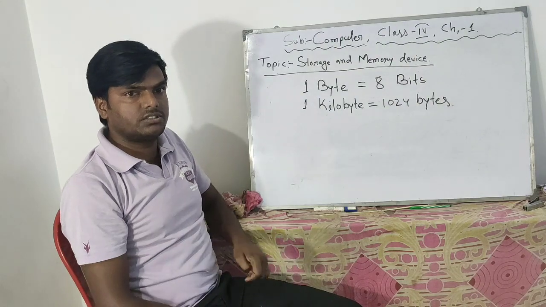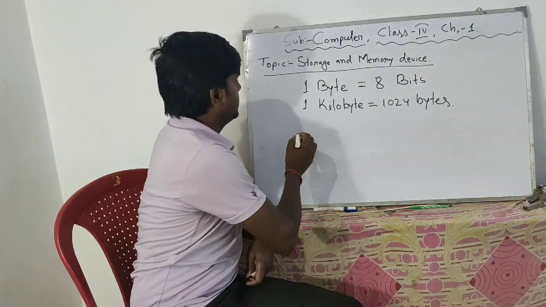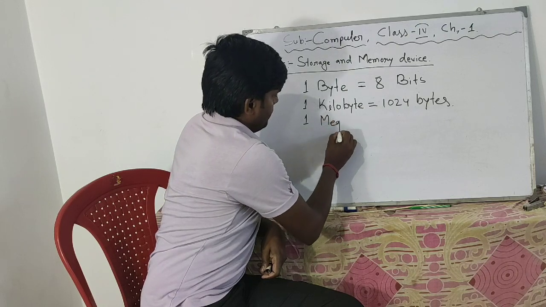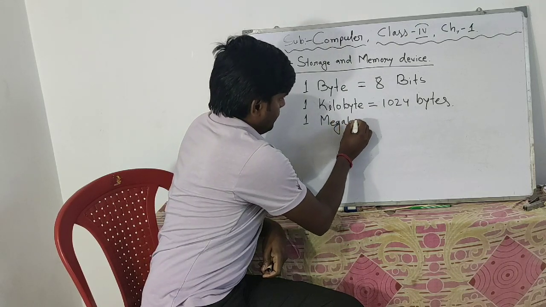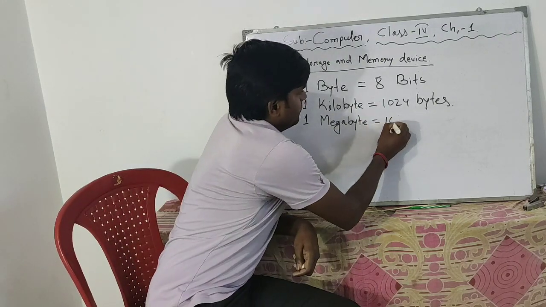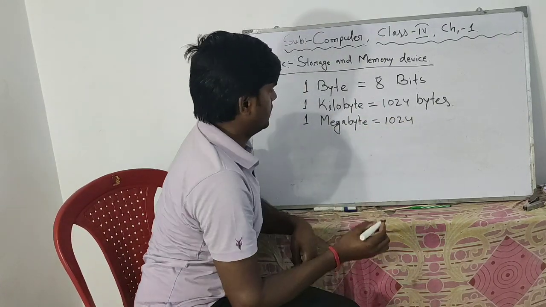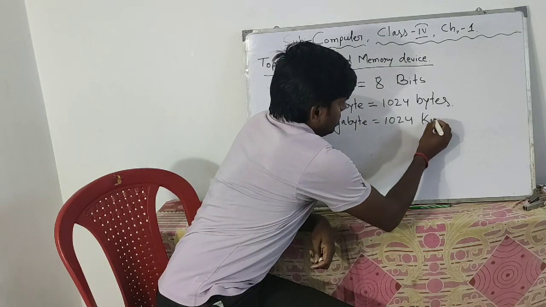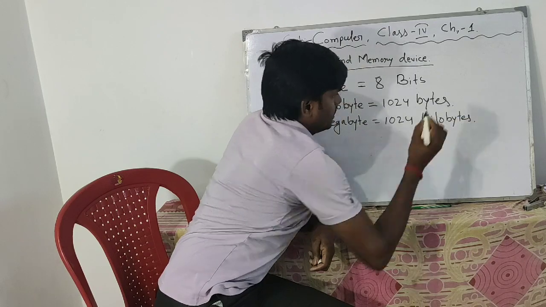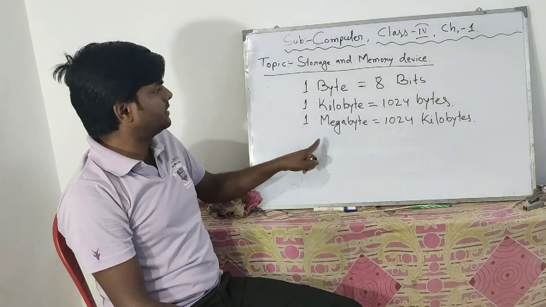That is the memory size. Okay, and 1 megabyte equal to 1024 kilobytes. Okay, this is the memory size.